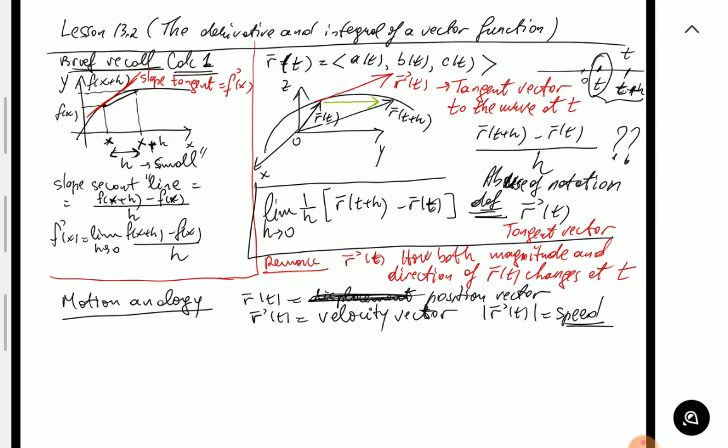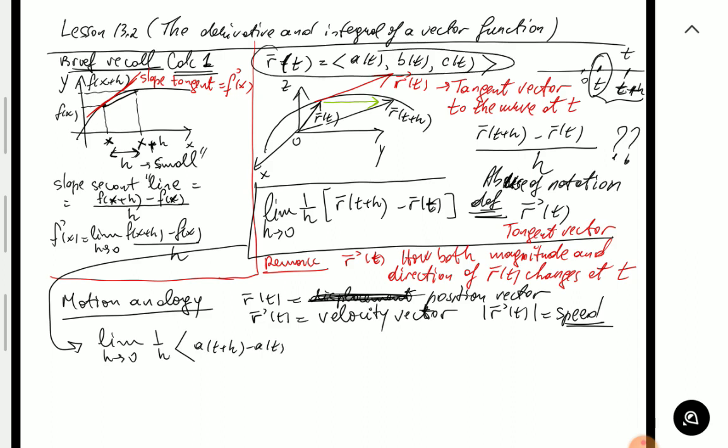Now notice, let's take this difference quotient a little bit further here. If I look at that difference quotient by components, r of t plus h minus r of t is the vector of components a of t plus h minus a of t, right? Just remember our components a of t, b of t, c of t.